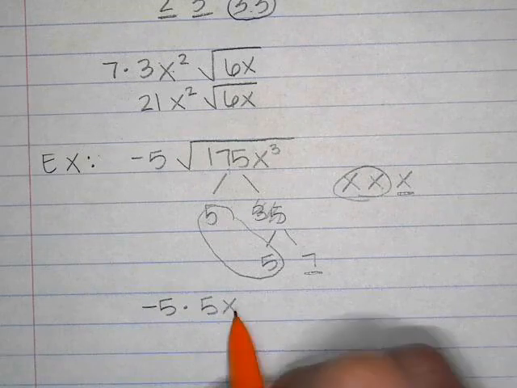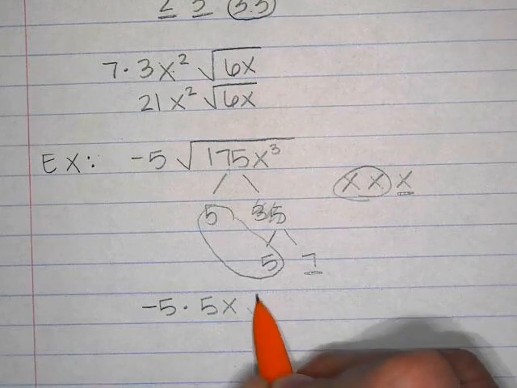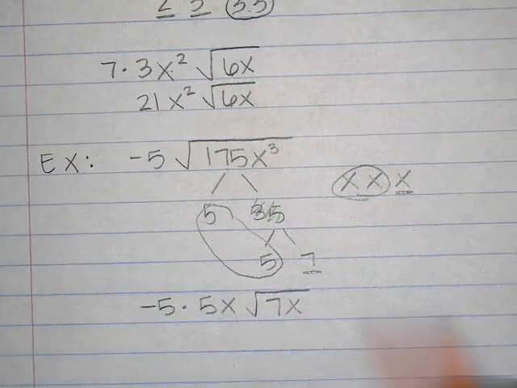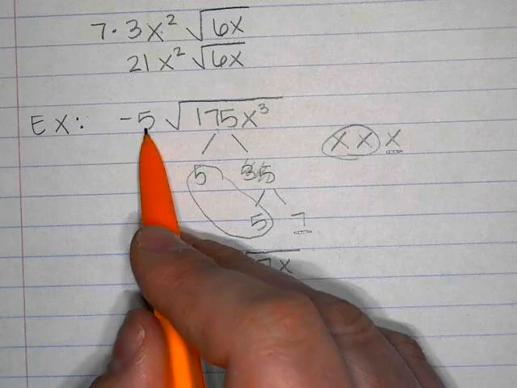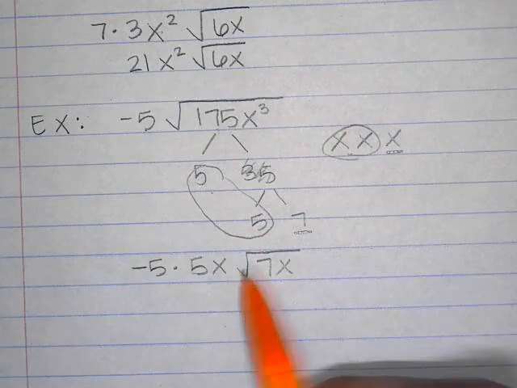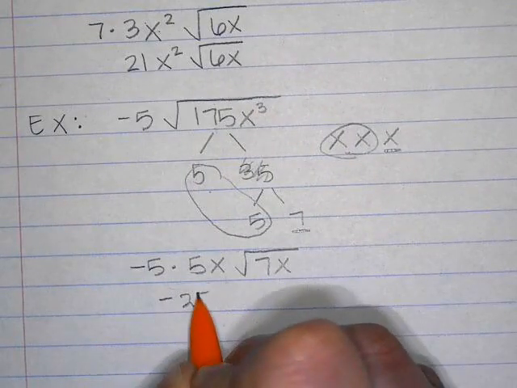And what goes underneath the radical? 7x. So if we simplify that, we have the negative 5 from here, and then the 5, and then the x. So negative 5 times 5x, and what do we get in the front? Negative 25x times the square root of 7x.